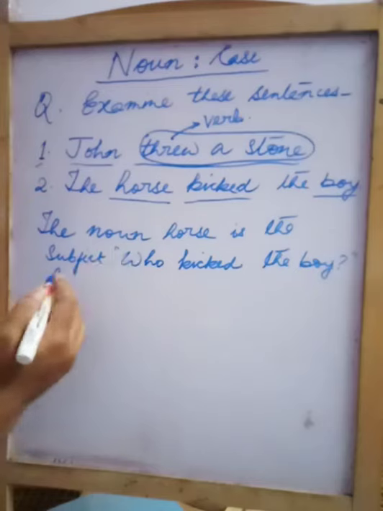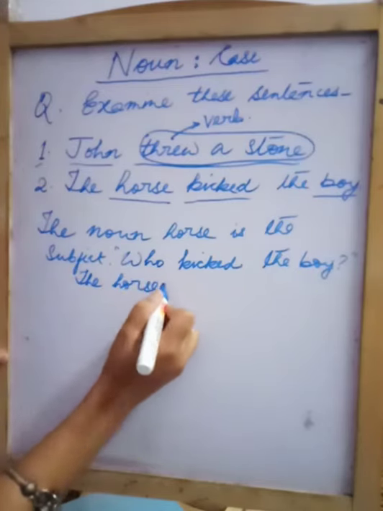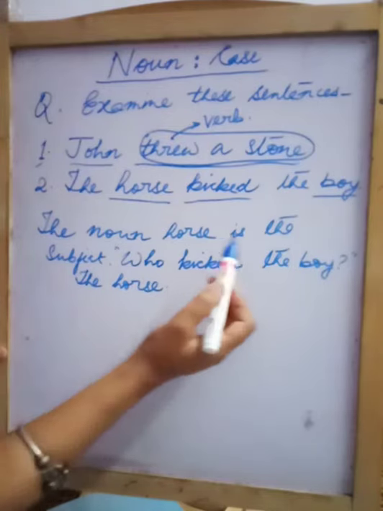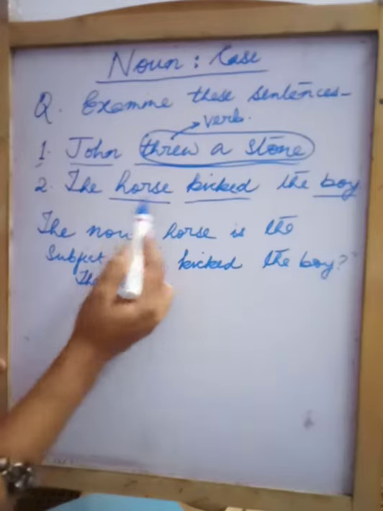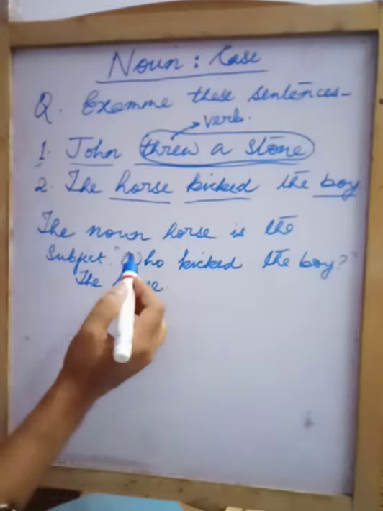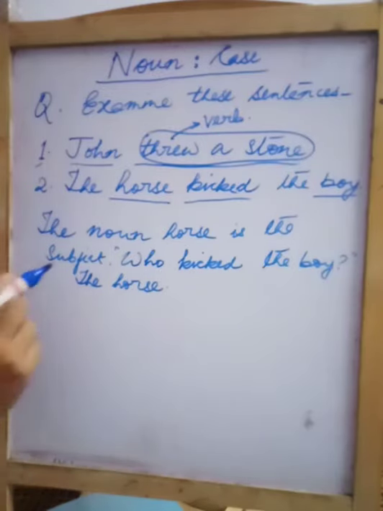So what will be the answer? The horse, isn't it? The horse. So in this sentence, the horse kicked the boy. The subject is the noun horse, and it is also the answer to the question, who kicked the boy? The horse. Now let us examine this part.